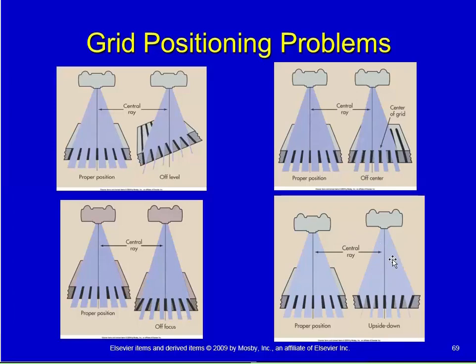If you have a parallel grid and you accidentally put it on the front of the image receptor upside down, it's still a parallel grid. But if you take a focus grid and you put it upside down, now your divergent central ray is coming this way and your grid strips are going that way. And the only place that you're going to have adequate exposure is directly in the center.